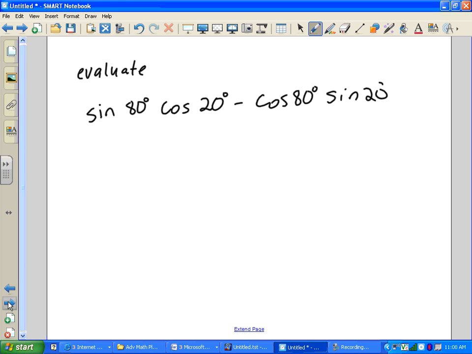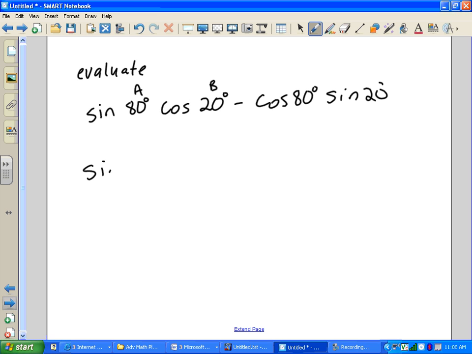All right, so let's notice, which one are we using here? The sine of A minus B is what we're using, okay? And so which one is the A and then which one is the B? That's the A and then that's the B, okay?